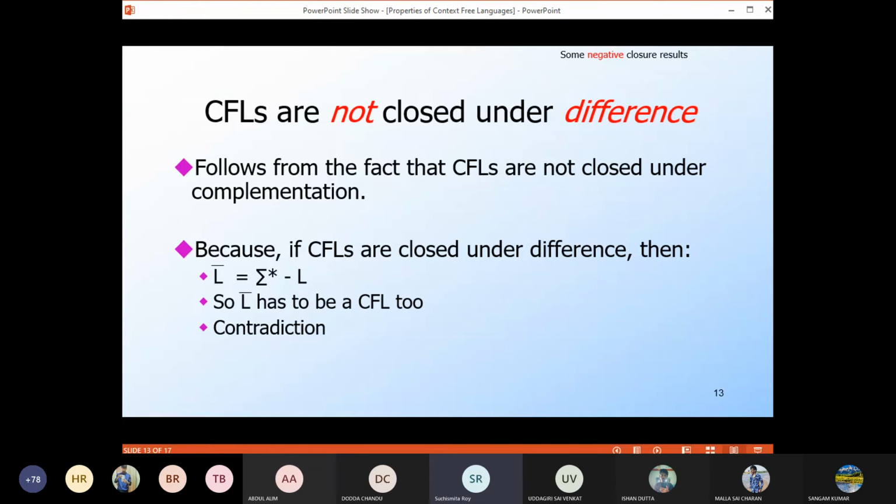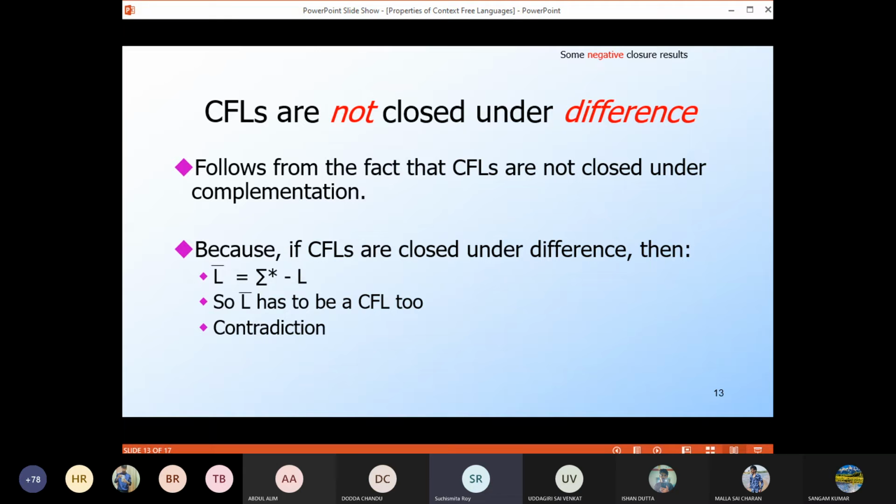If you have L1 minus L2, and L1 is a context-free language and L2 is a regular language, then context-free language minus regular language is a context-free language.